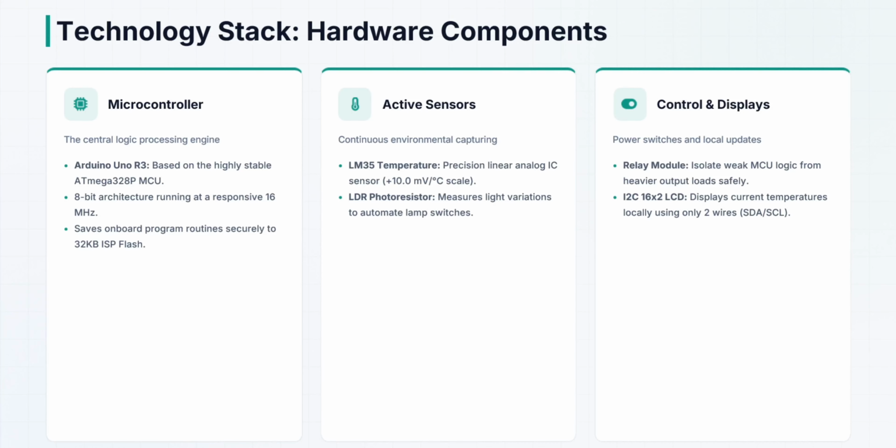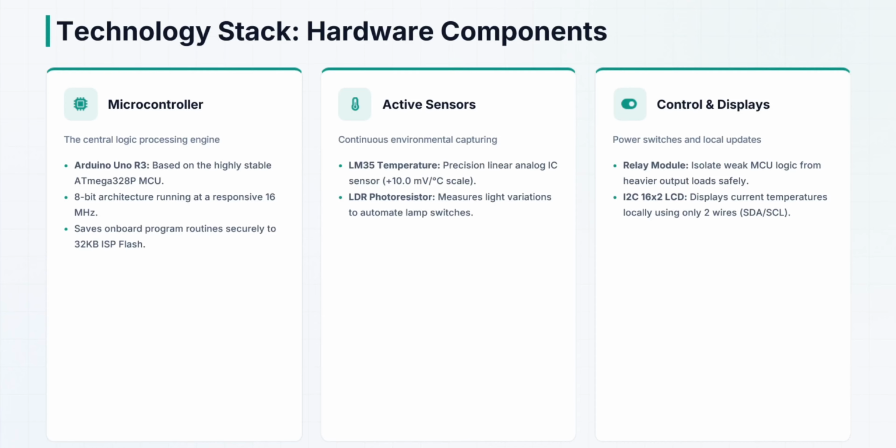As an electrical student, I chose this board because it operates on a standard 5-volt system, offers a clock speed of 16 megahertz, and features 6 analog input pins paired with an onboard 10-bit analog to digital converter, which means ADC. This is ideal for precision reading of analog sensors.